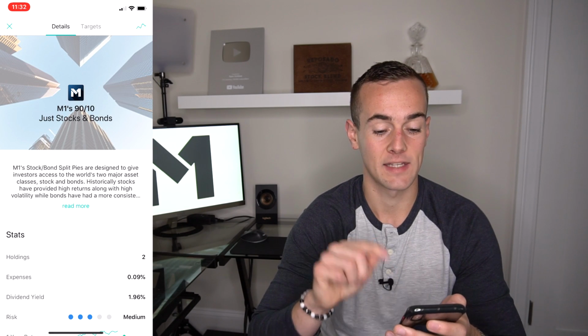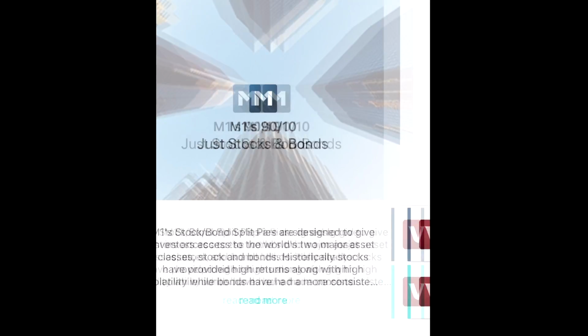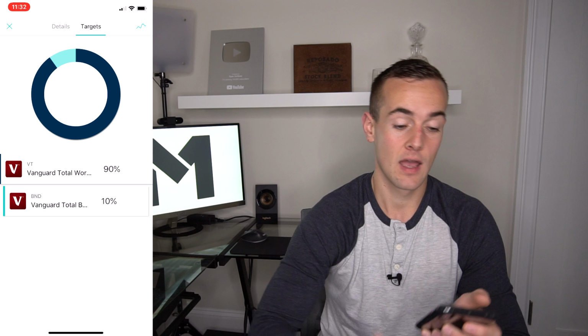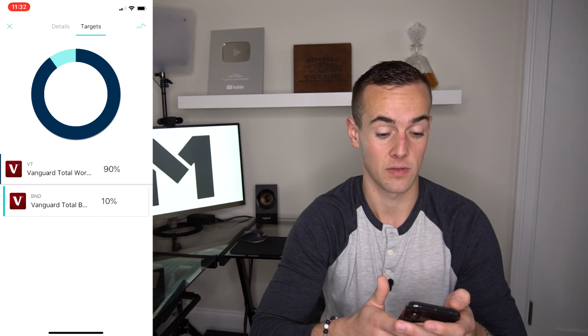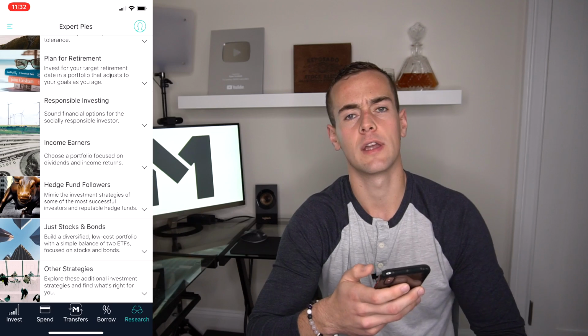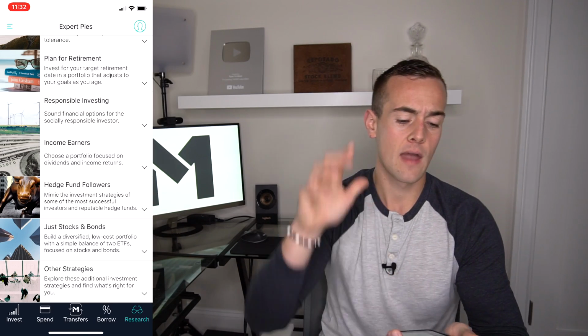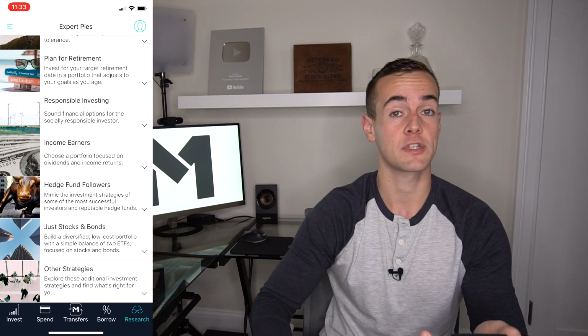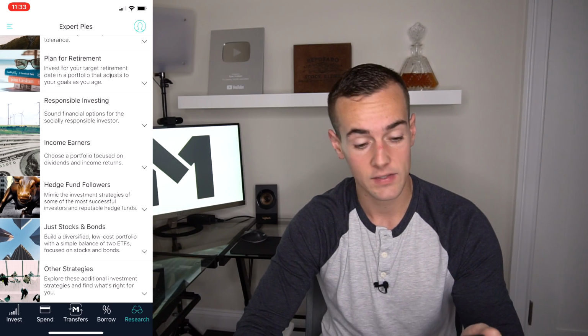For example, this one that's a 90-10 split is just going to be 90% into the total world stock market and 10% into the total bond market, which is as simple as it gets in terms of your basic stock and bond allocations. So M1 Finance really does have something for everyone here. They have the ability to build your own portfolio from scratch with whatever stocks or ETFs you want to invest in.